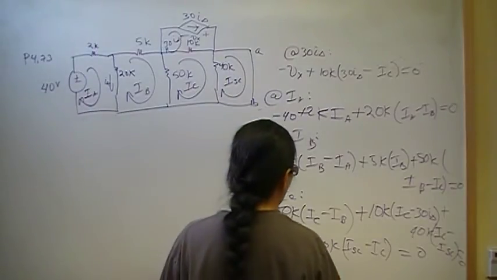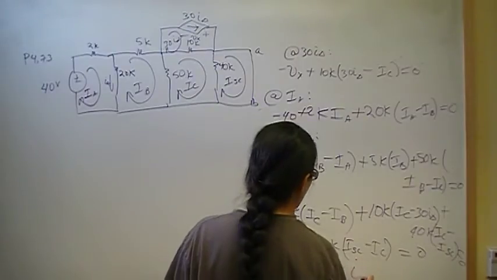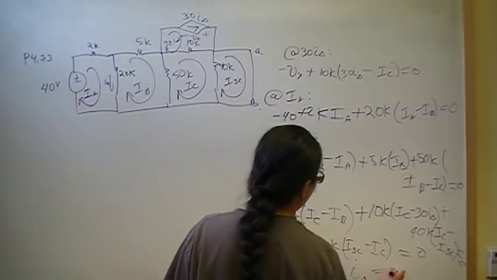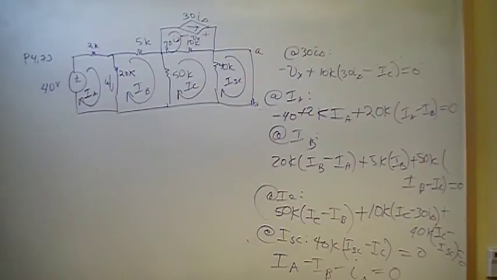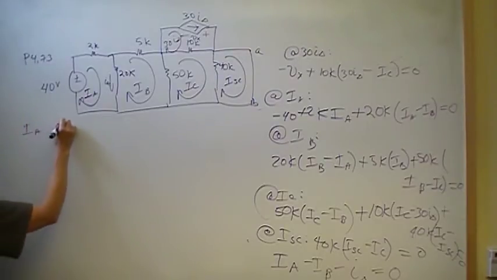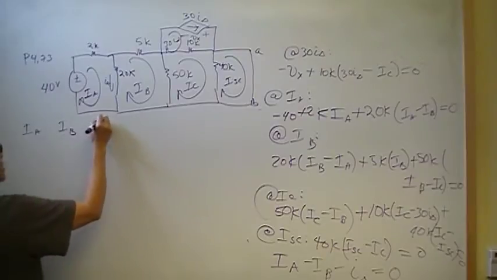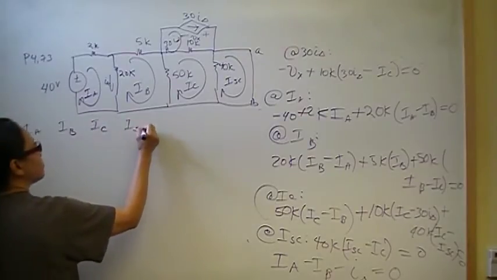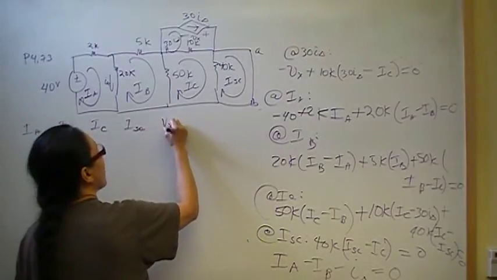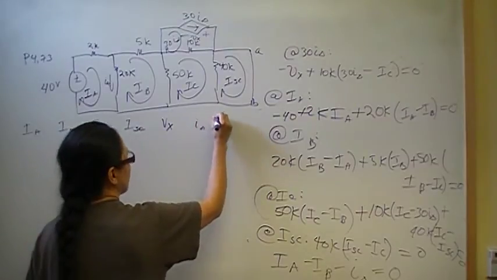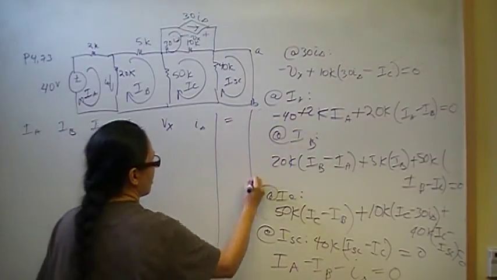We bring all the unknowns to one side, so IA minus IB minus I delta is equal to 0. So now we have 6 equations and 6 unknowns. Let's go ahead and make our matrix. We have IA, IB, IC, I short circuit, Vx, and I delta, with constants on this side.